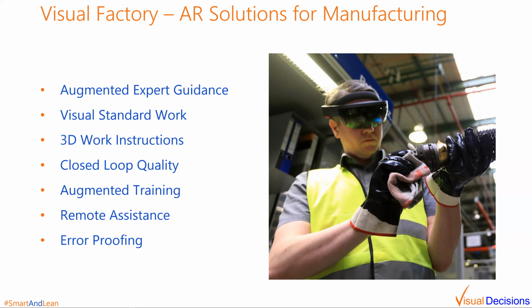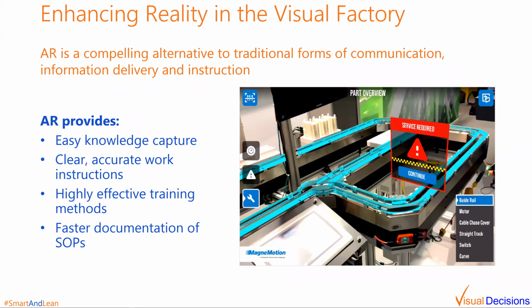And so if we look at some of these in terms of closed loop quality, error proofing, the work instructions again, but even more enhanced and hands-free, are just really, really helpful for driving better quality and better performance within manufacturing. And so when we look at enhancing reality in the visual factory, something like this can help us really understand what is happening within the process. When we look at that machine with those glasses on, it can overlay information such that there's service required.